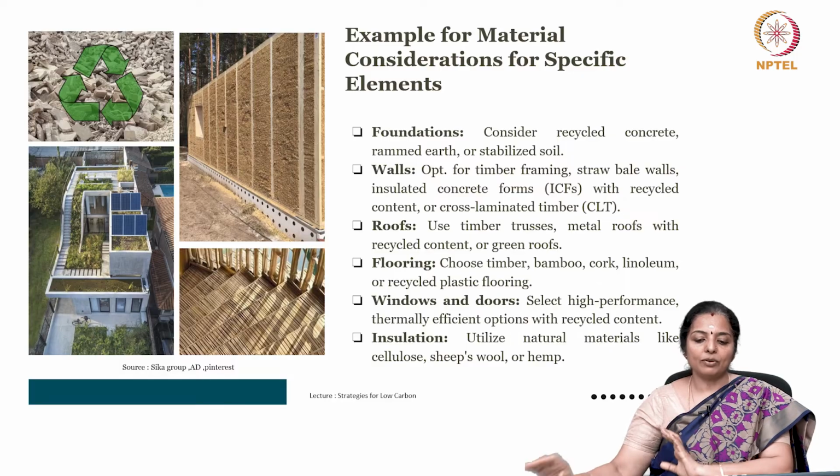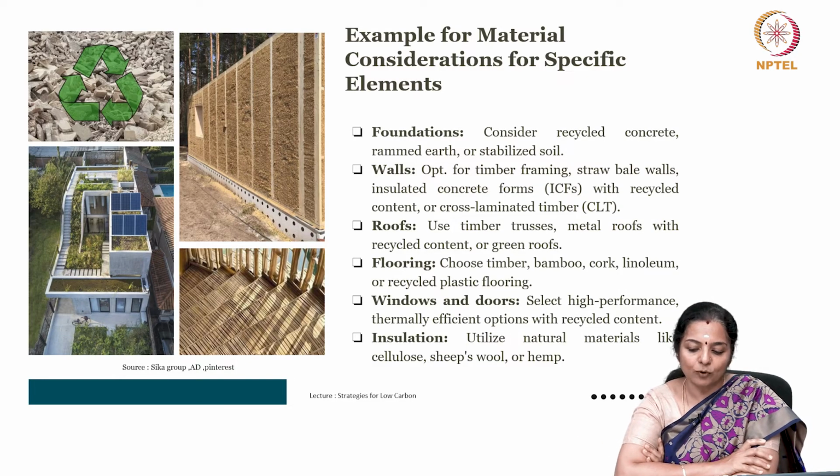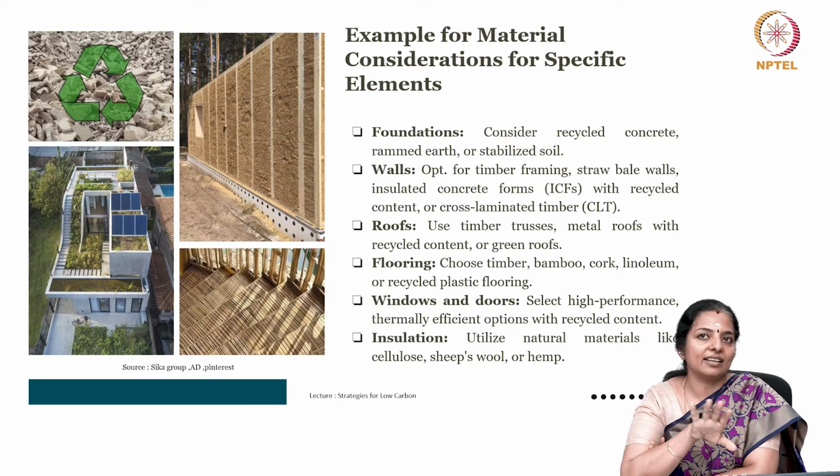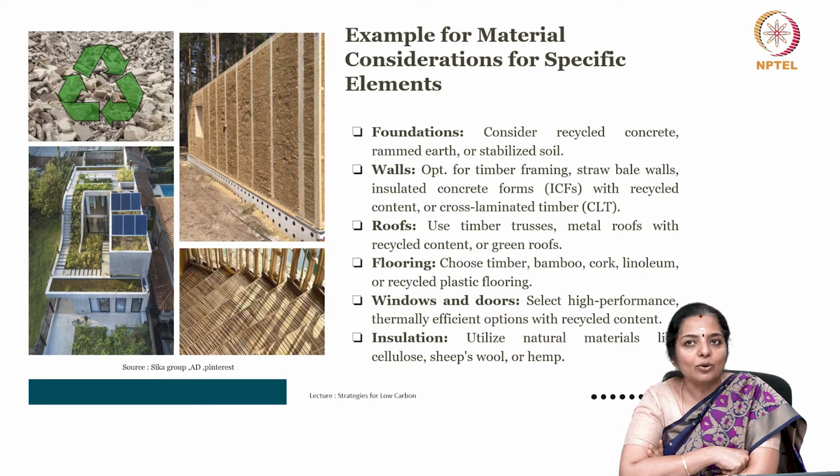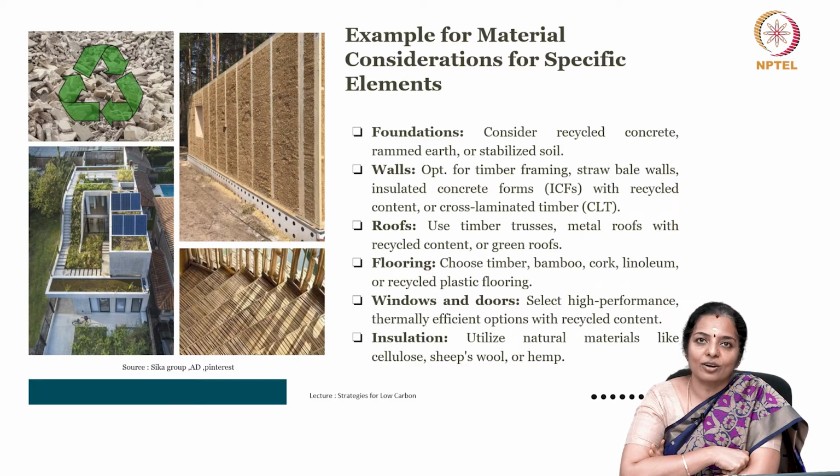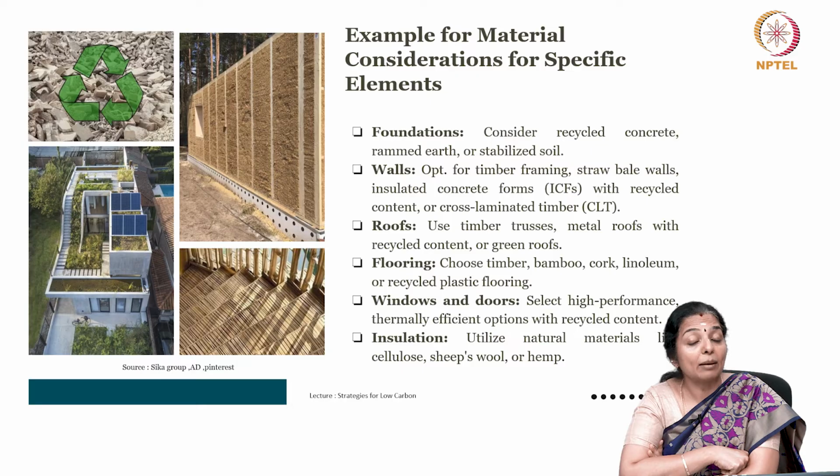Now, examples for material considerations for specific elements. These are very generic specifications that I am telling you. When you have to build a foundation, try to consider recycled concrete, or rammed earth, or stabilized soil.